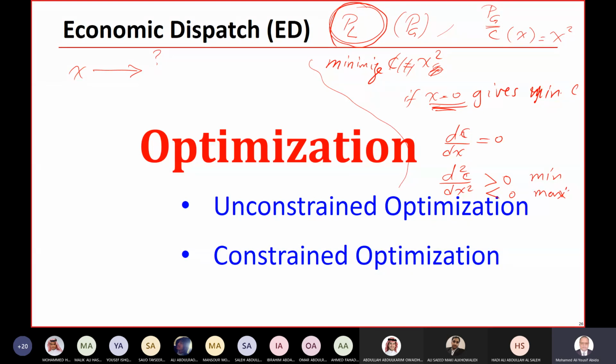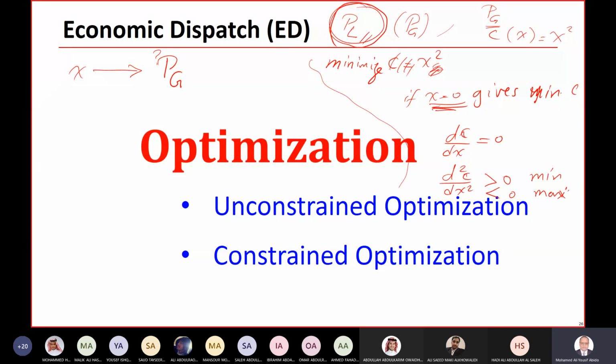So the power system operator will look for what the generated power from the generation stations should be in order to minimize the cost. So the PL here is independent, we call it an independent variable. Okay, uncontrollable. The power system operator has nothing to do with it in steady state operation.